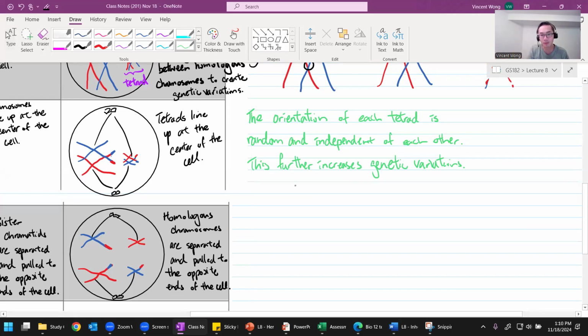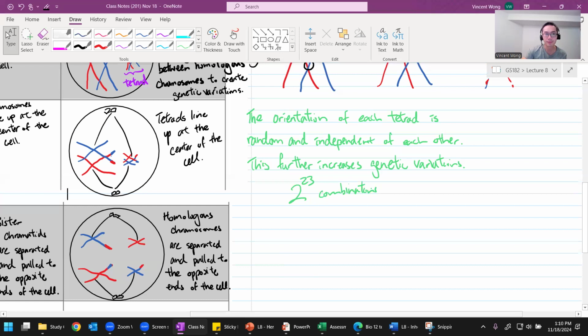So this will give us 2 to the exponent of 23 additional combinations. Okay, because it's two choices for the first one, blue on top or red on top, and then two choices for the next one, all the way up to the XX or XY at the end. And so that further increases the genetic variations. Right? You never know which one's going to get passed on to the next generation.